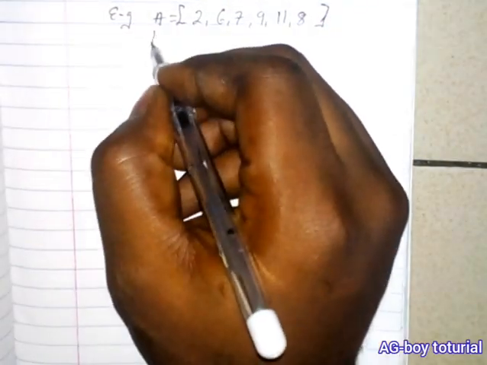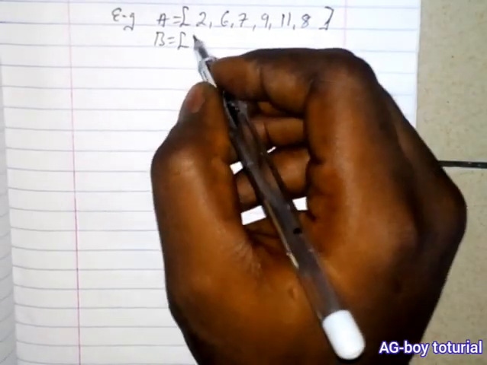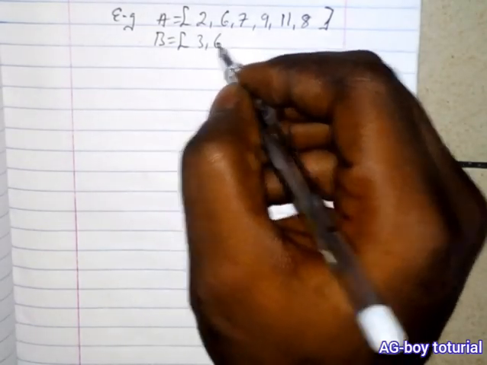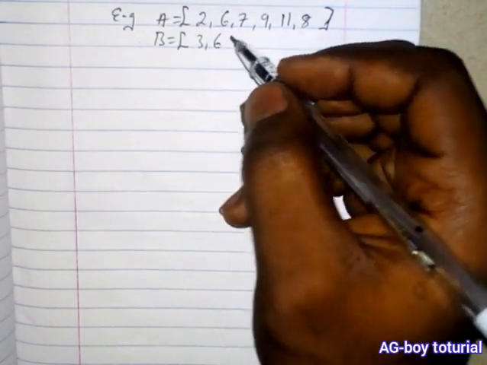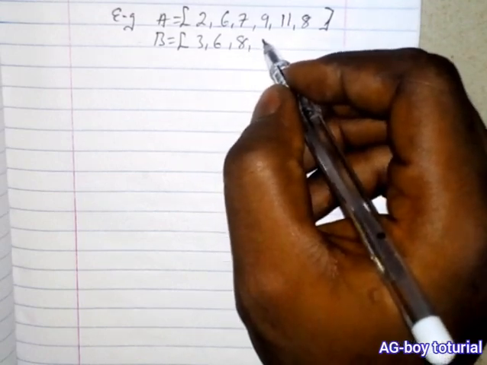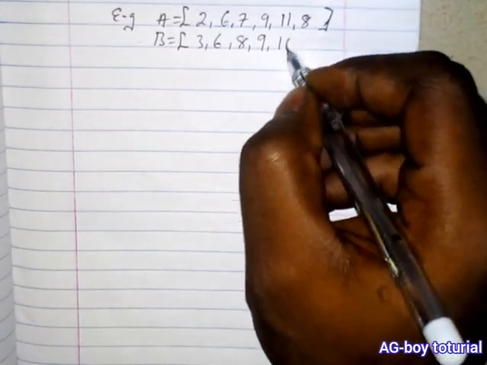And our B is equal to 3, 6, 8, 9, and 10.